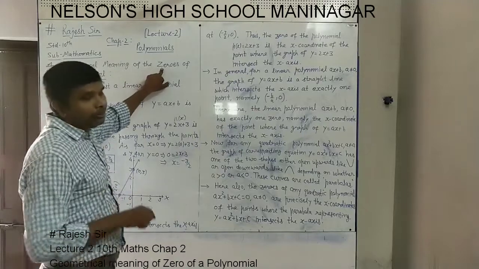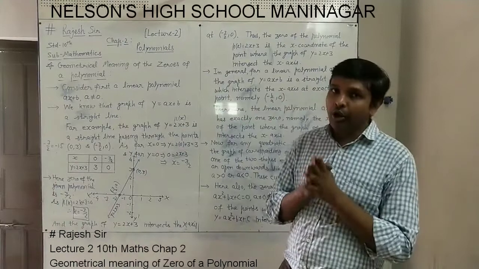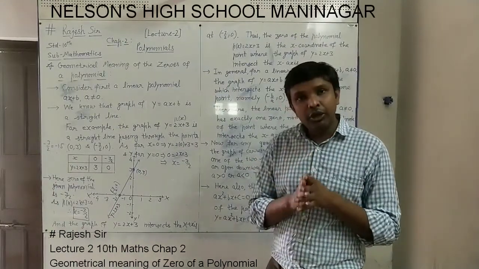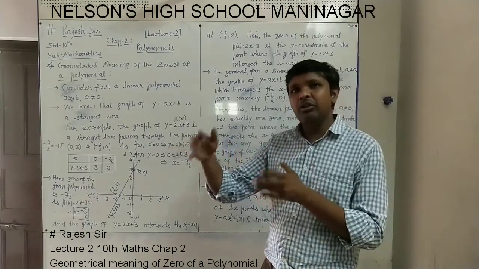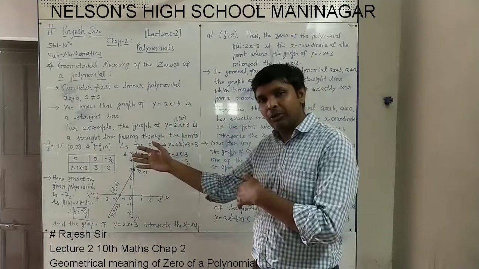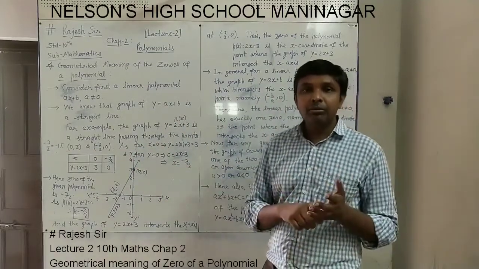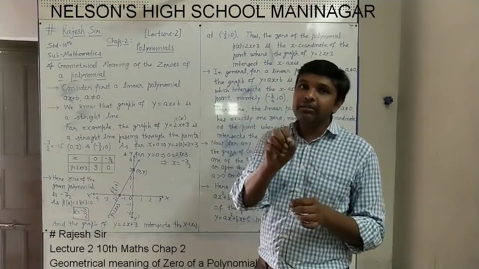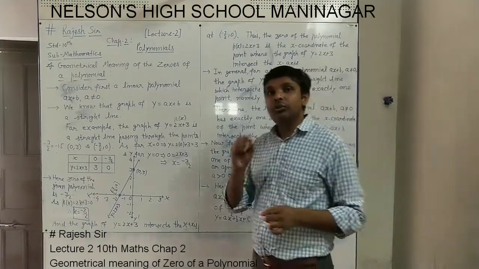It is always the x coordinate of the intersection point of the graph of the given linear, quadratic, cubic or any other polynomial, and the x-axis. We have to see the intersection point of the x-axis and the graph, and there we take the x coordinate. That x coordinate will give us the zero of the polynomial.